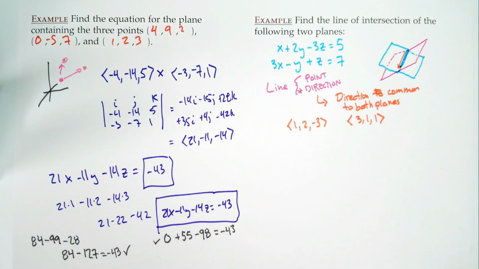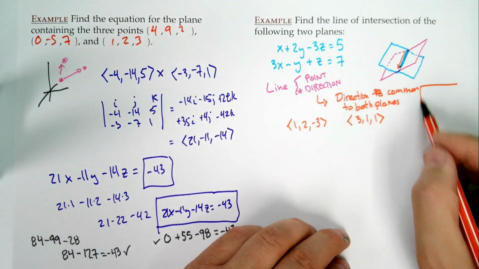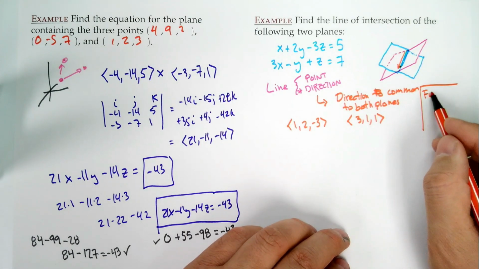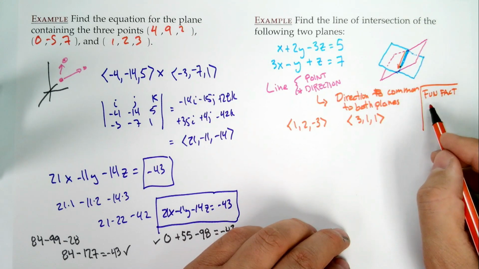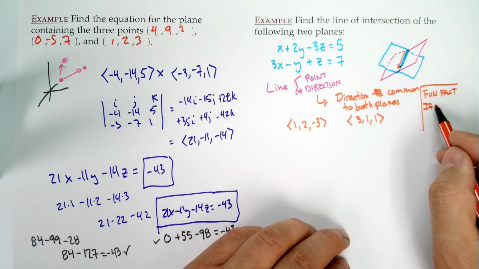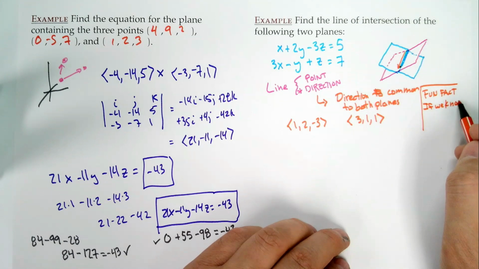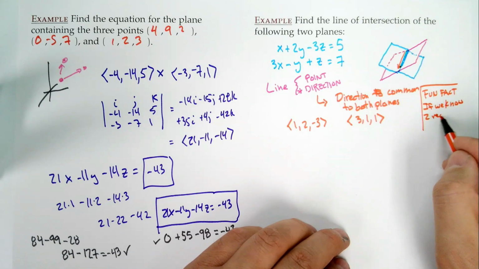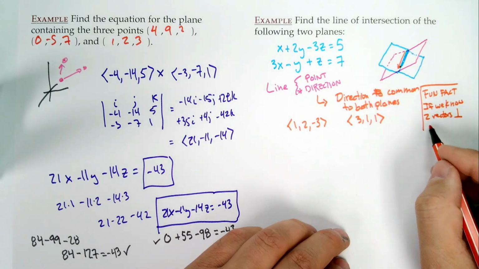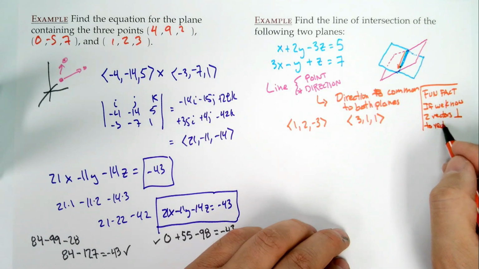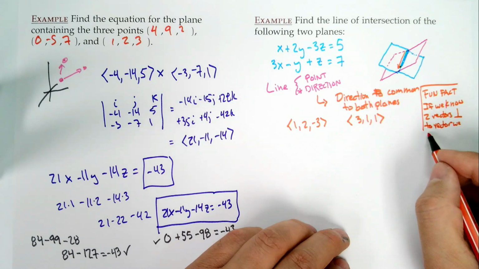So here's a fun fact. We'll make it over here, fun fact. And you can tell it's a fun fact because I wrote the words fun fact. If we know 2 vectors which are perpendicular to the vector we want, then we can find our vector.